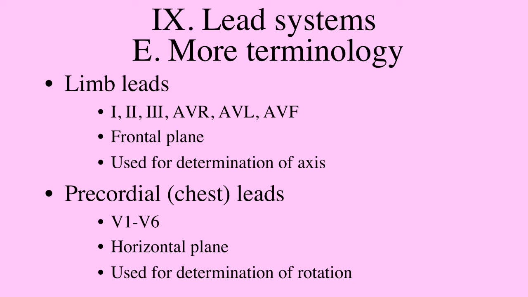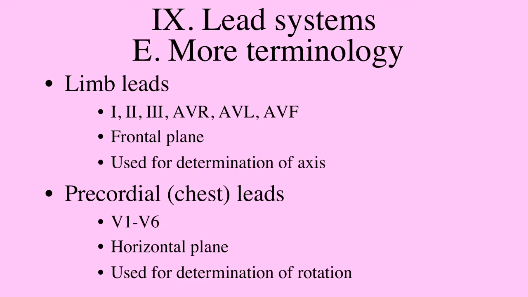And then the other terminology is used for leads V1 through V6, V1, V2, V3, V4, V5, V6. These are in the precordial area, or precordial or chest leads, and they're in the horizontal plane. And this is where you would cut the body perpendicular from top to bottom, horizontal plane.